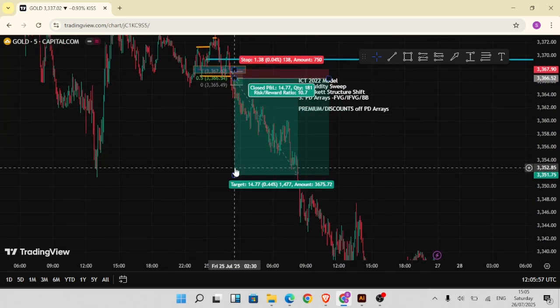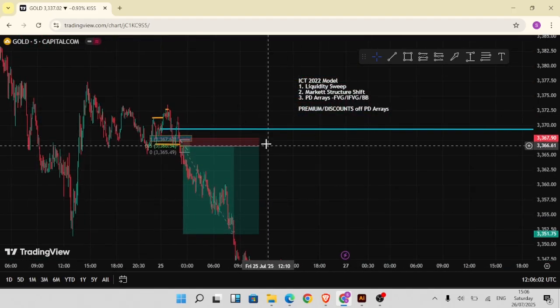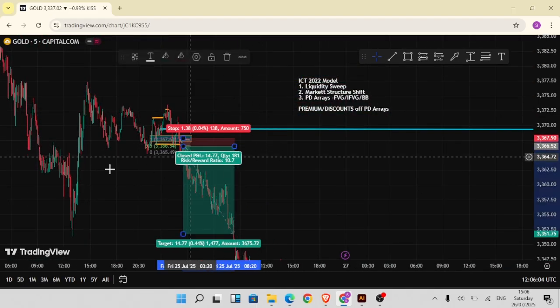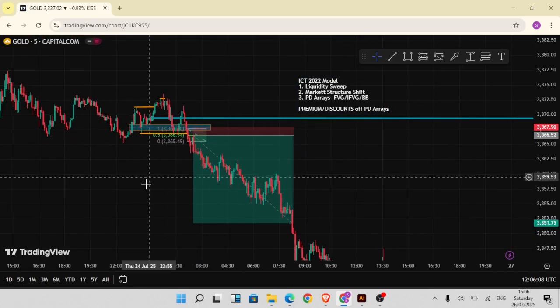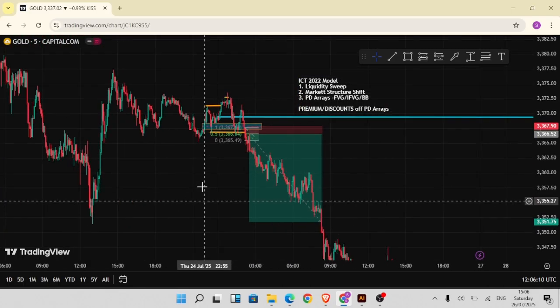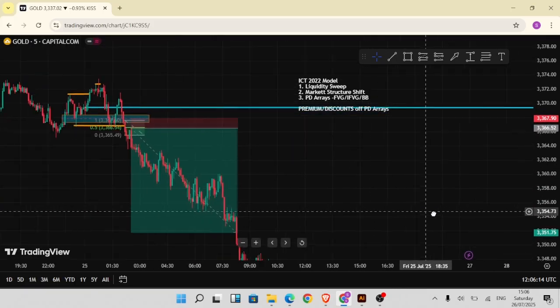All this happened on Friday from 2:30 a.m. to 8:20 a.m. in the morning. You have your 10R. Remember, you took your first trade based off ICT 2022 model. You also probably hit your 1 to 3R at that point.